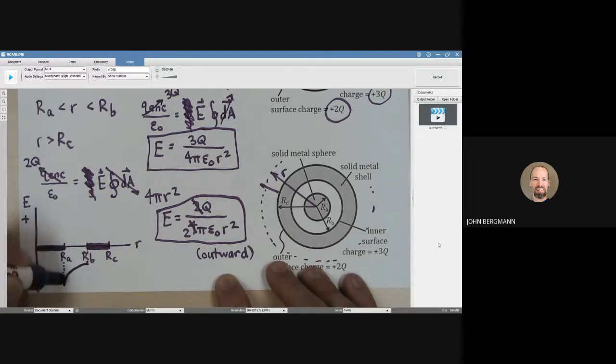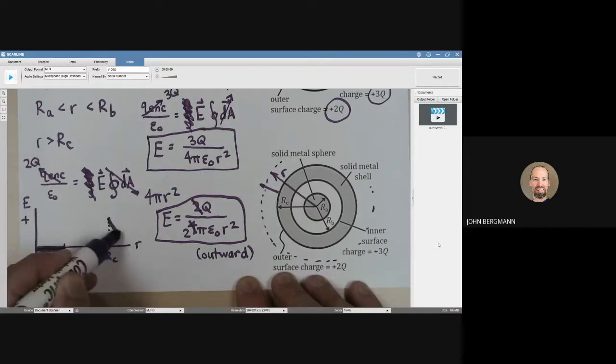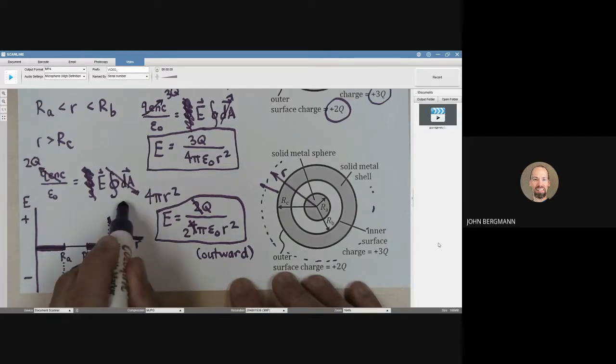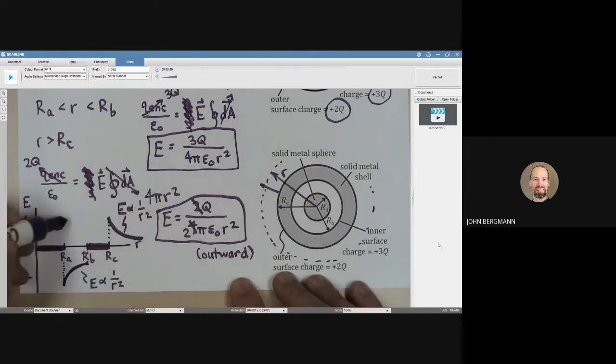And when we're beyond r_C, maybe we should do something like that, where E is proportional to 1 over r squared right there. And same thing here, E is proportional to 1 over r squared. And E is equal to 0 there and there.